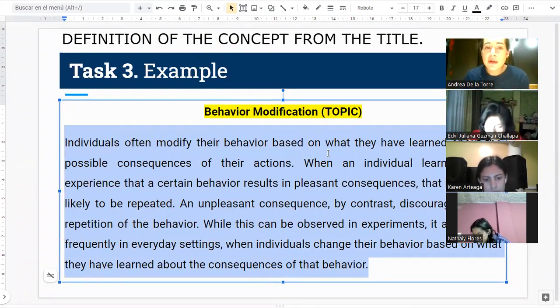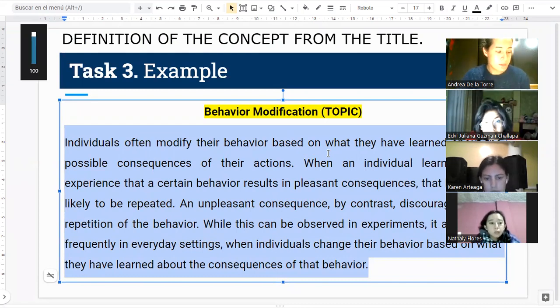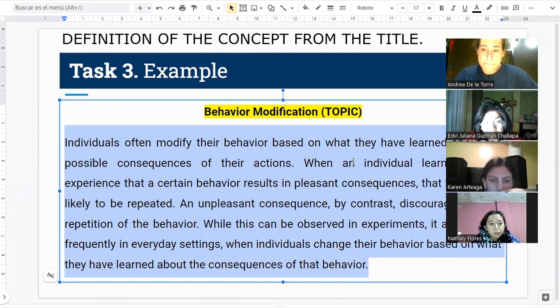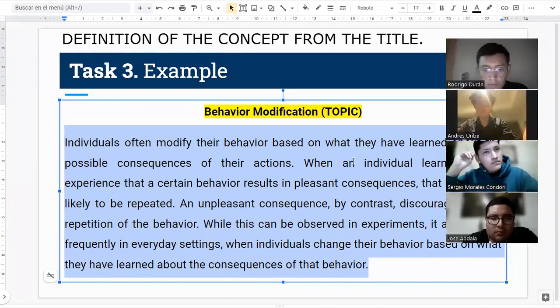So can you guys tell me where the definition is here? What is behavior modification according to this text? Where do you see that? What's behavior modification?